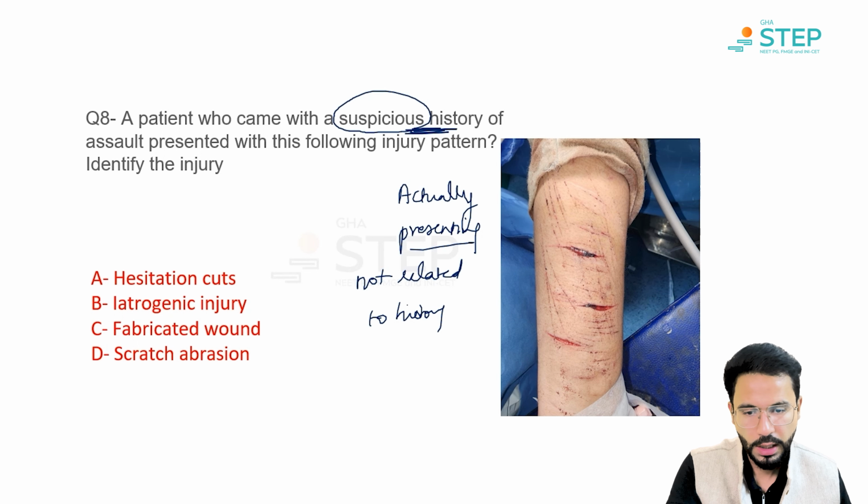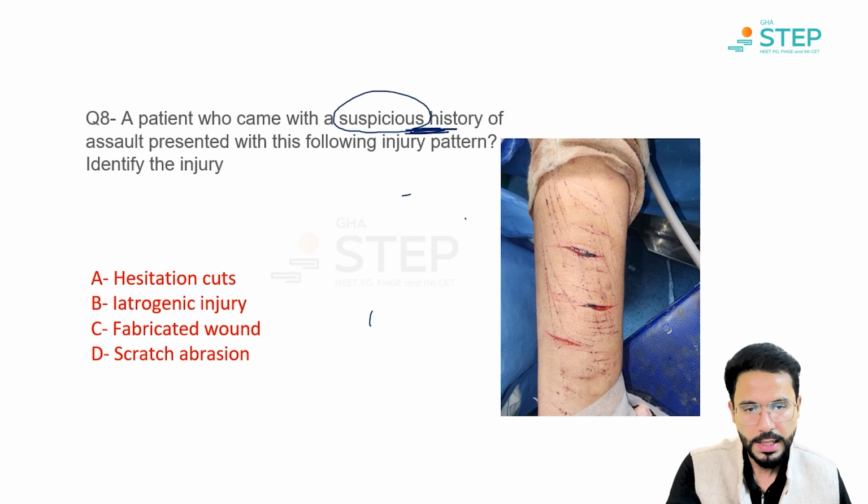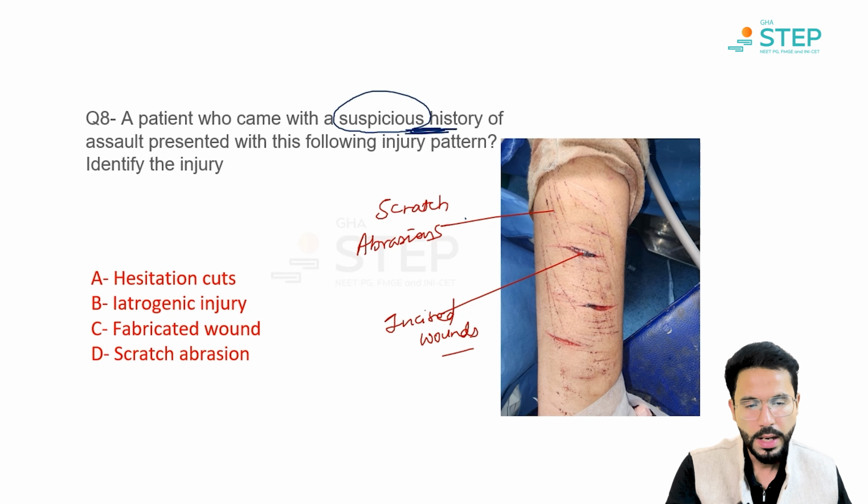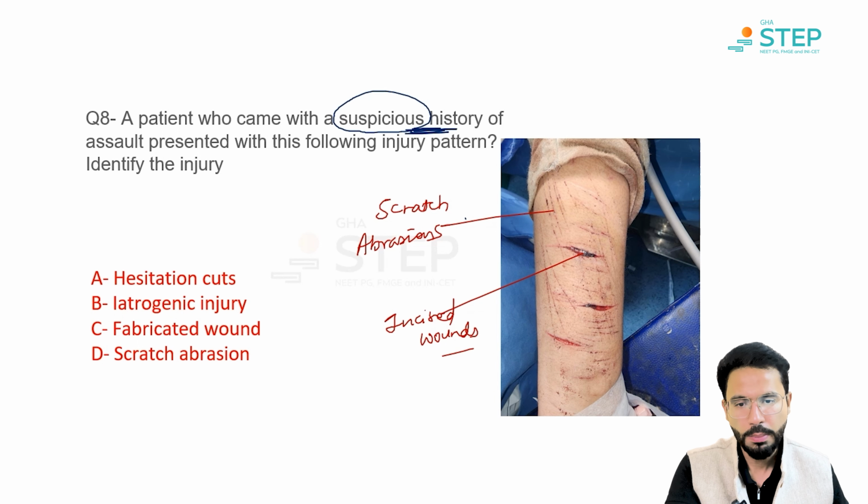So what you see over here is incised wounds, and then you see some abrasions. Look here, you find scratch abrasions and you find incised wounds also. Now, when you find such images, you will be confused between the given options, which are hesitation cuts, iatrogenic injury, fabricated wound, and scratch abrasion.